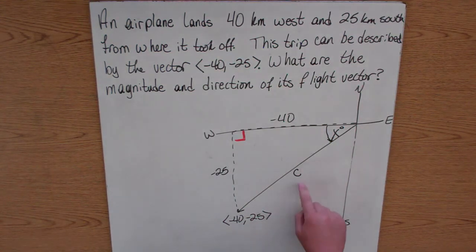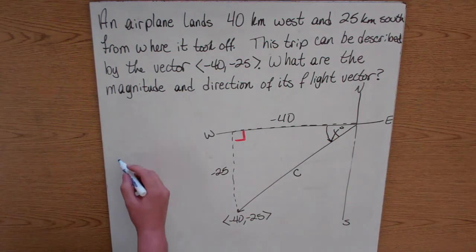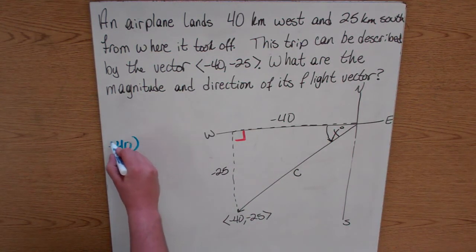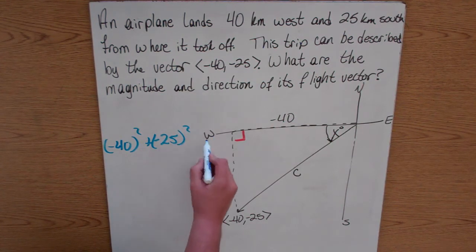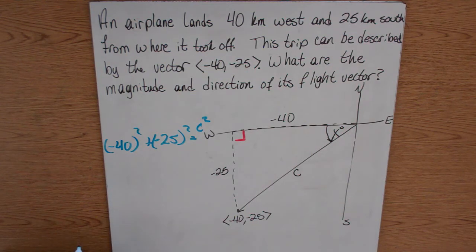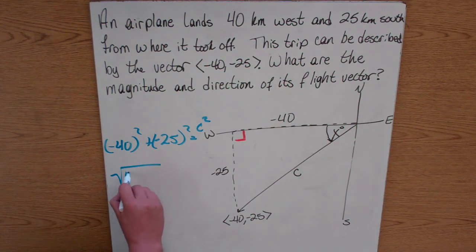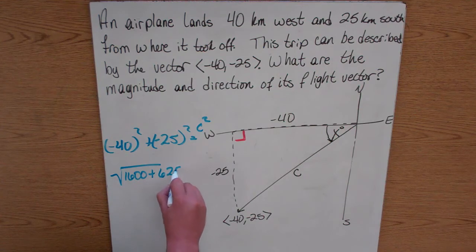So now, the easiest thing to do is going to be to find C. Because since this is a right triangle and these are our two legs, we're simply going to do negative 40 squared plus negative 25 squared, and that's going to give us C squared. Then we're going to take the square root of it. So 40 squared is 1600. 1600 plus 25 squared, which is 625.